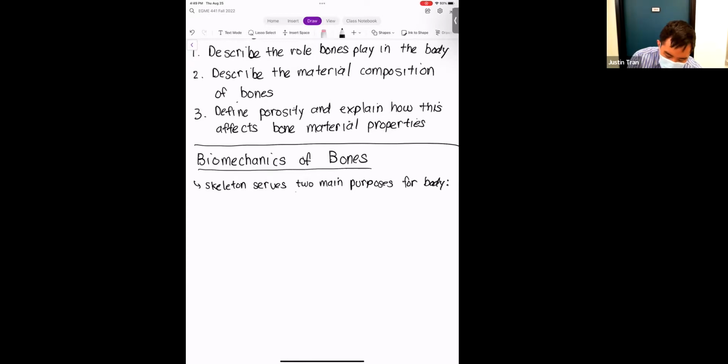And so there's, I would say, two main purposes that your skeleton serves. The first purpose, that's probably more important, is to provide a rigid structure and the rigid strength that your body needs.